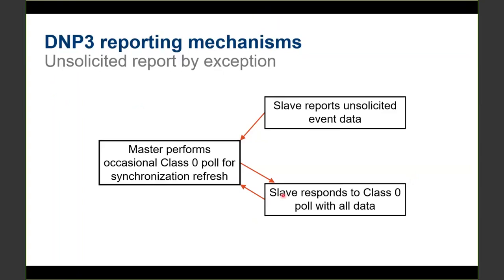But this unsolicited report by exception is really recommended only for applications with extremely low bandwidth, because in this type of polling, collisions could happen if you have point-to-multipoint connections. So keep in mind the recommendation for using unsolicited report by exception is for extremely low bandwidth connections and point-to-point connections.